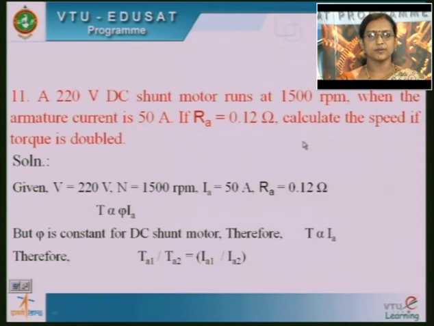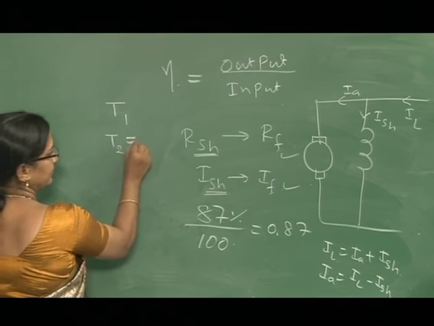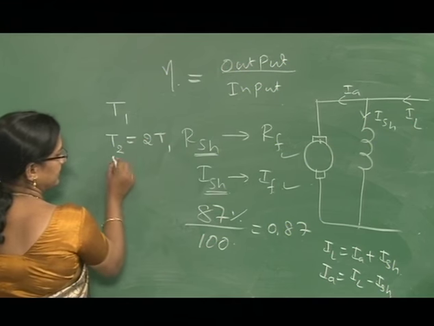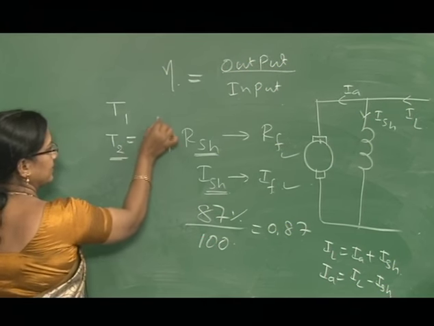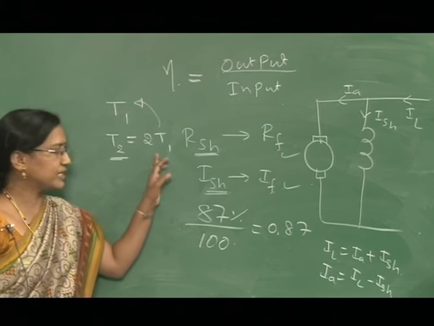For the previous case the torque is T1, in the second case the torque T2 is doubled, that is 2 times T1.